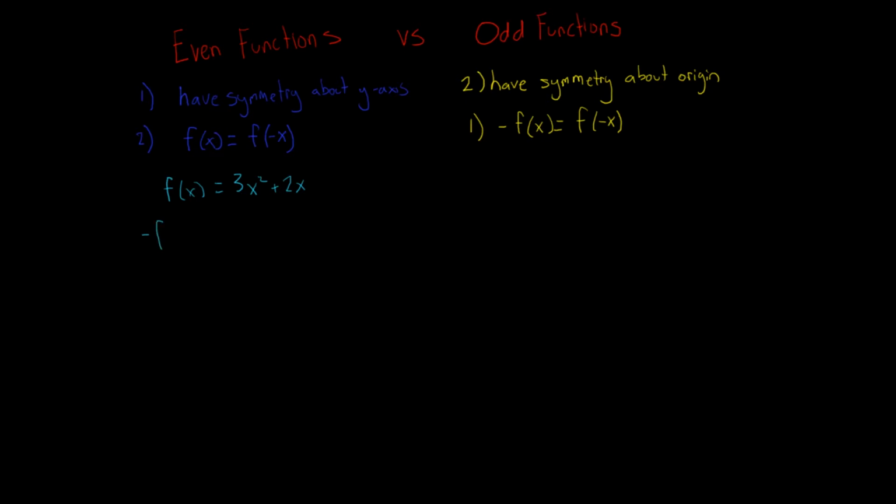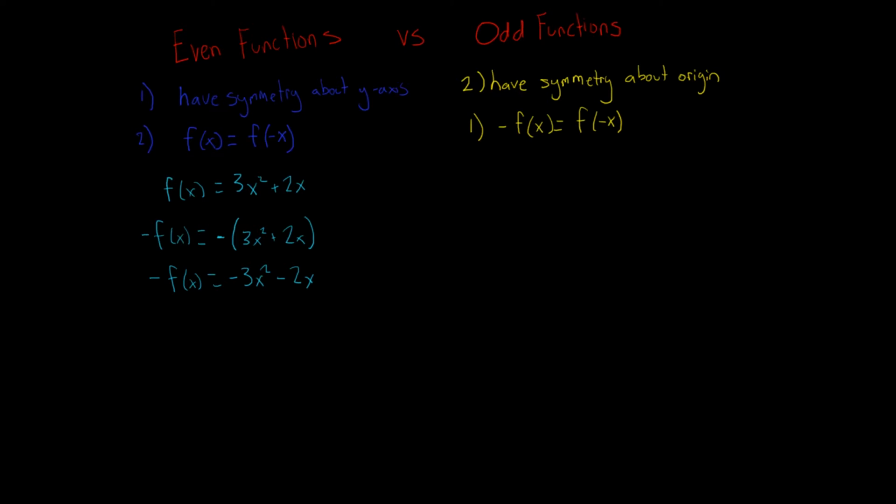Negative f of x literally means we distribute a negative to the entire function: negative of 3x squared plus 2x. So negative f of x equals negative 3x squared, and then a negative times a positive is negative, minus 2x.